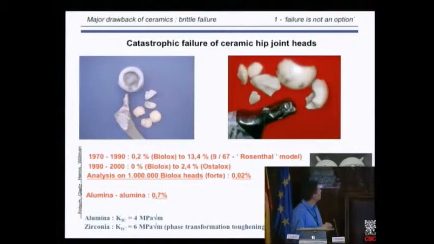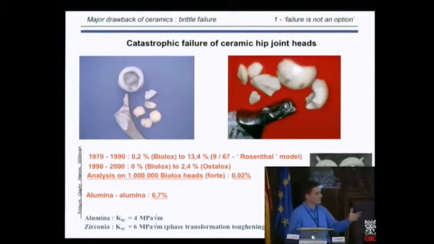In the 90s and towards 2000, there was a decrease in the failure rate. And what is the state today? At least the Biolox producer claims that the failure rate is below 0.02%. So that's quite low, but our ceramics are now limited in terms of designs, especially for alumina ceramics.